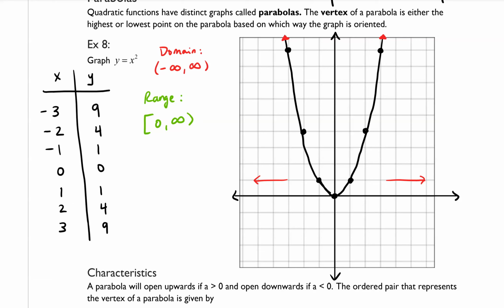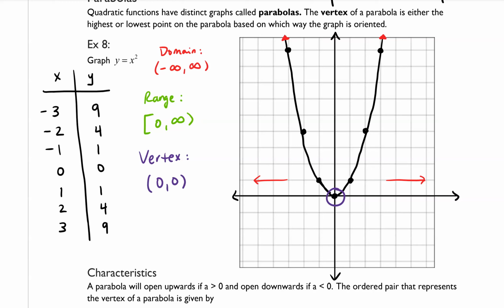Okay? Another question, what is the vertex of this parabola? Well, because it's oriented upwards and it's like a smiley face, we know that it's going to have a lowest point, which is this point right here, our origin. So in this scenario, our vertex is the point 0, 0.